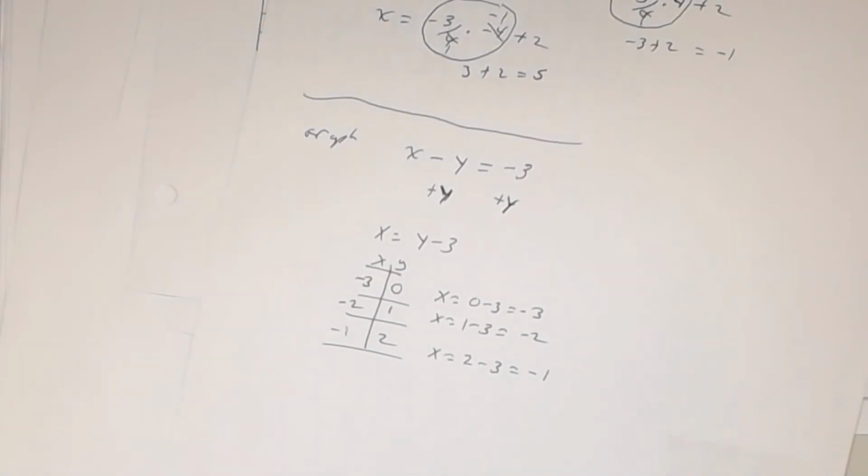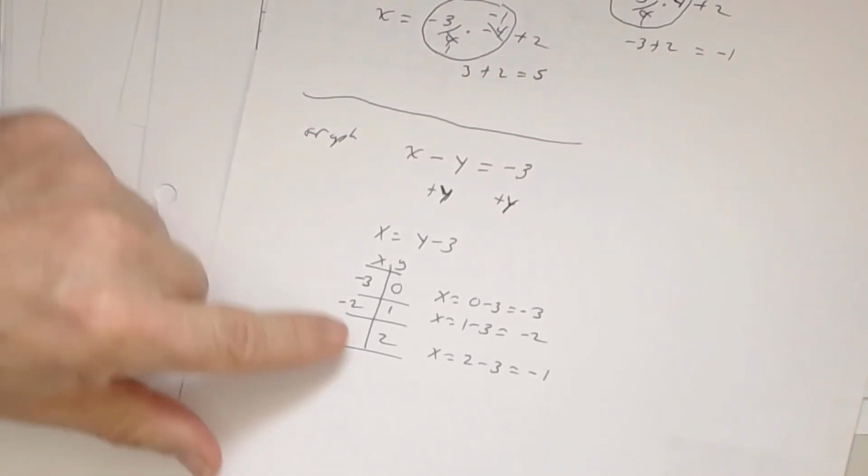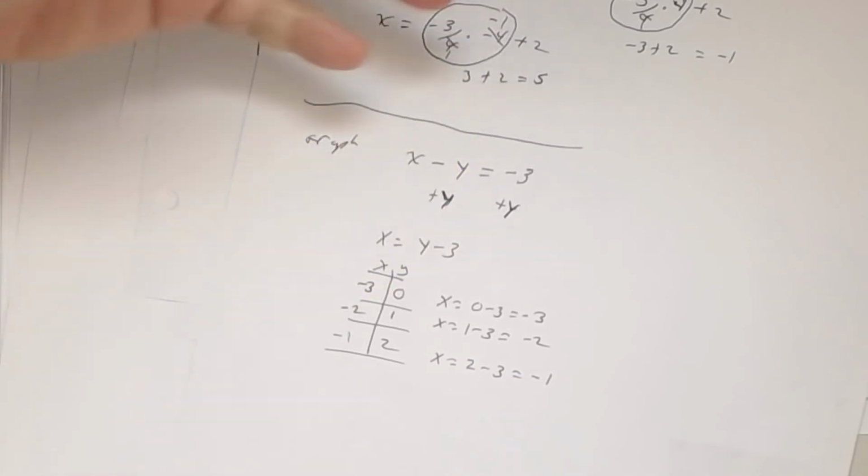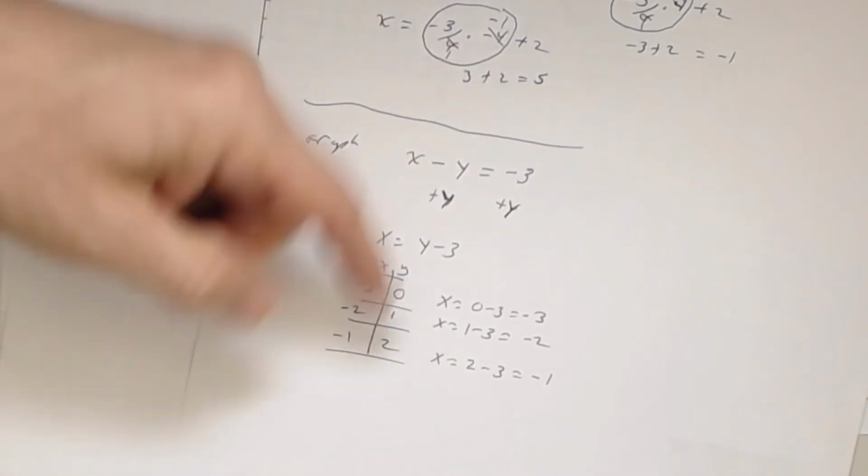You plot those points, and they should all lie on the same line. There's a lot of negatives on that one. Yep. If I would have chosen, let's say, 6 for y, I would have gotten 6 subtract 3, which would have been a positive. It always depends on the numbers you choose.